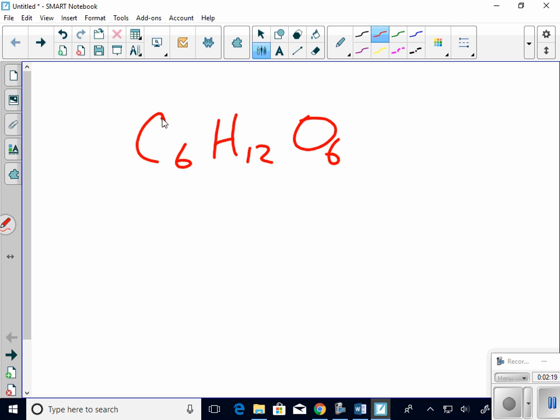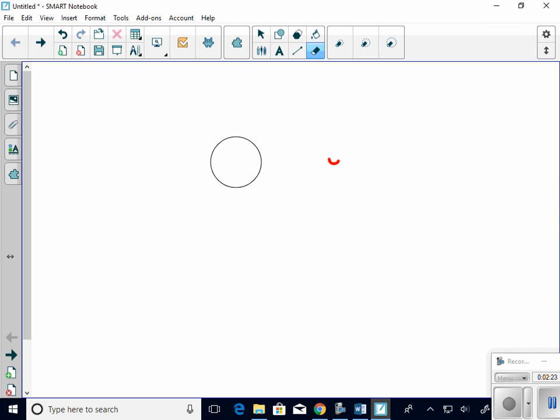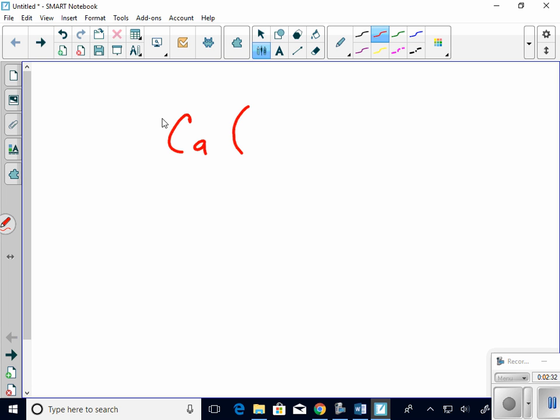Now, it sometimes gets confusing when we use the parentheses. Okay? So let's say that I have calcium phosphate, okay? Right there is the chemical formula for calcium phosphate.